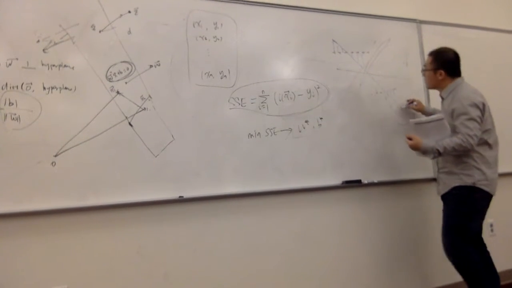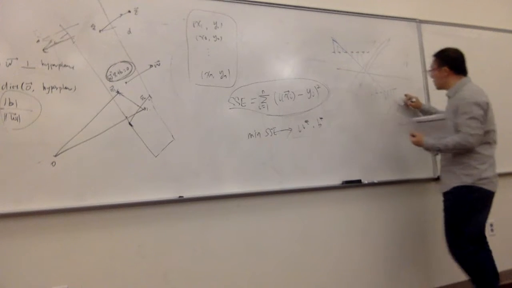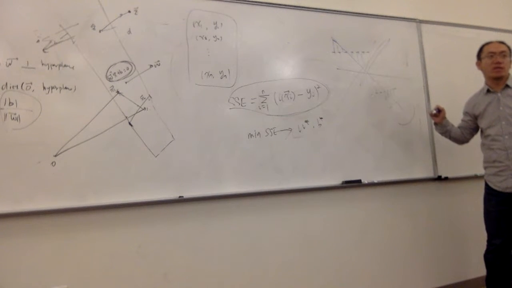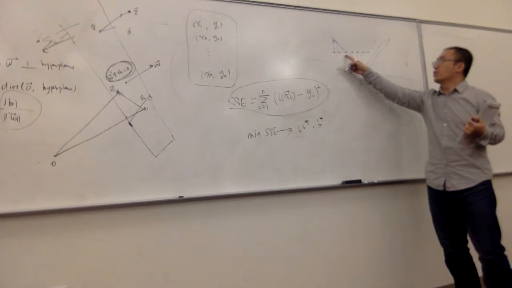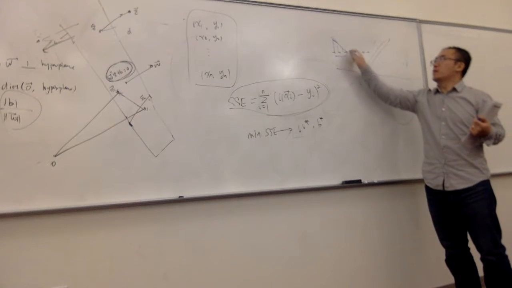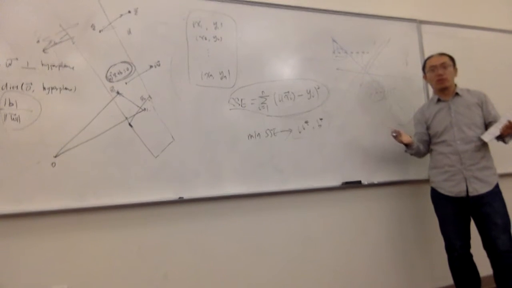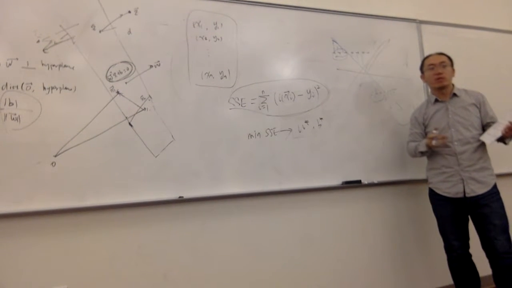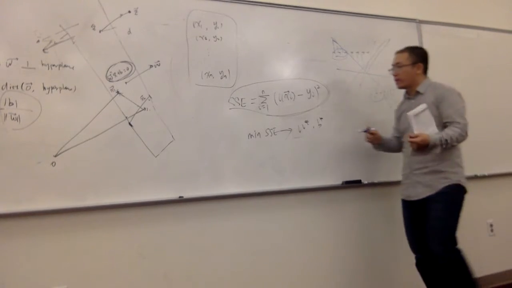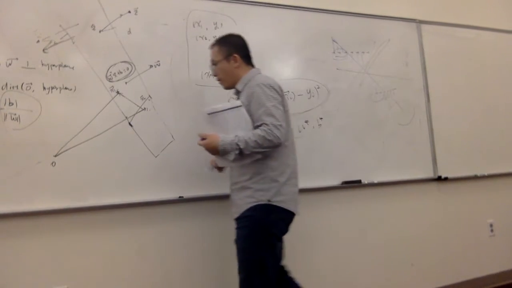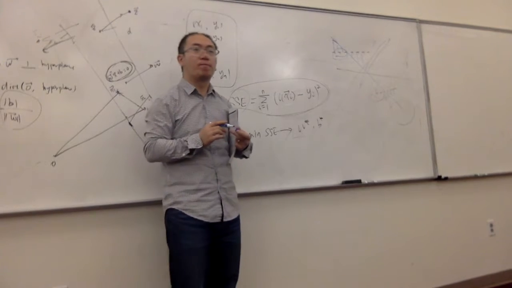But if I end up with this line, obviously you can see this is a very bad classifier, because at least for this set of examples and this set of examples, the classification results are wrong. So directly using the SSE of linear regression is problematic.